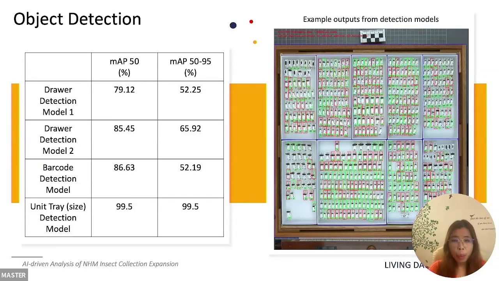In the tables, all models obtain very good mean average precision 50, the mAP 50, while mAP can be treated as accuracy in object detection evaluation, and the mAP 50 to 95 column shows that our model achieves state-of-the-art performance in real-world application.